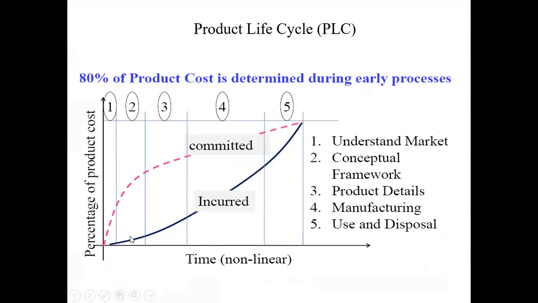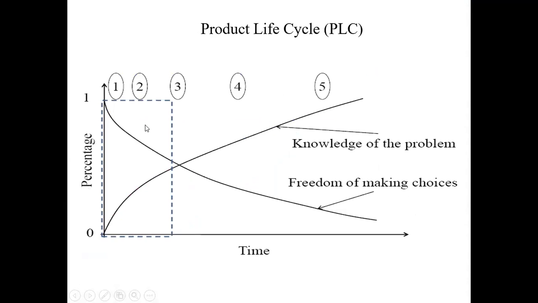We also know that 80% of cost is determined in the planning phase, so planning is very important. In the product life cycle, the freedom of making choices is initially high, but as time goes on, freedom of choice is lower. The knowledge of the problem is initially low, but after time we know everything.